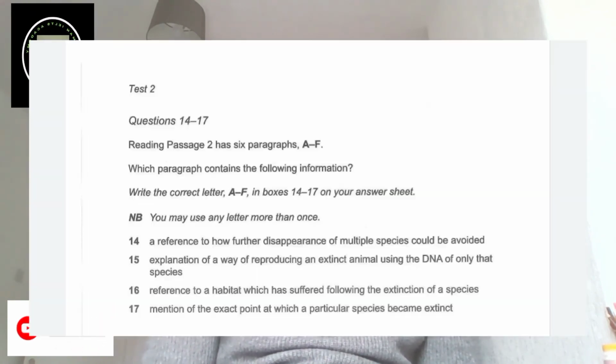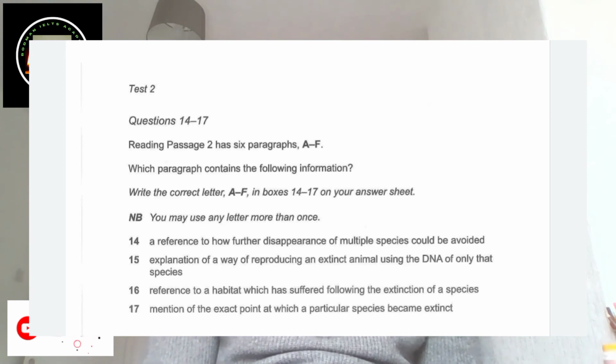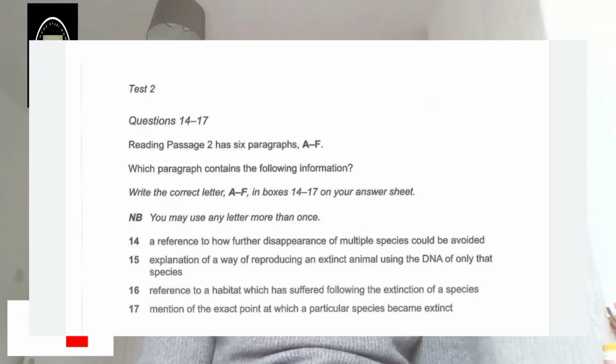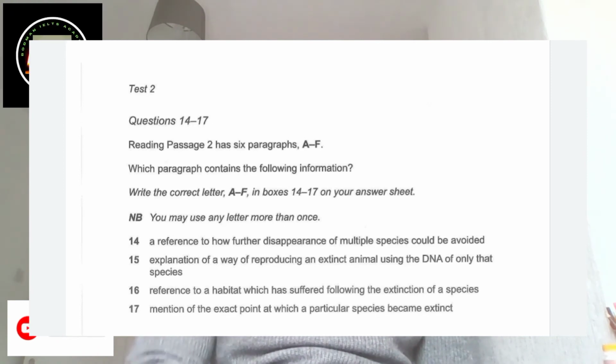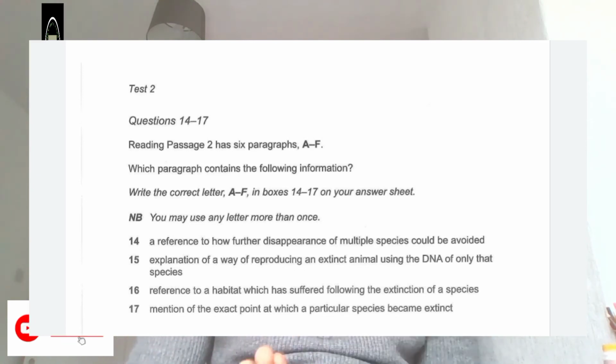But I'm now seeing another keyword in paragraph D that has all the keywords from the question. The question says, reference to a habitat which has suffered following the extinction of a species. If you look at paragraph D, you will see habitat, you will see the whole ecosystem, all the terms related to the environment. They said the whole plant and animal life has been affected, the habitat necessary for a great many other natives.